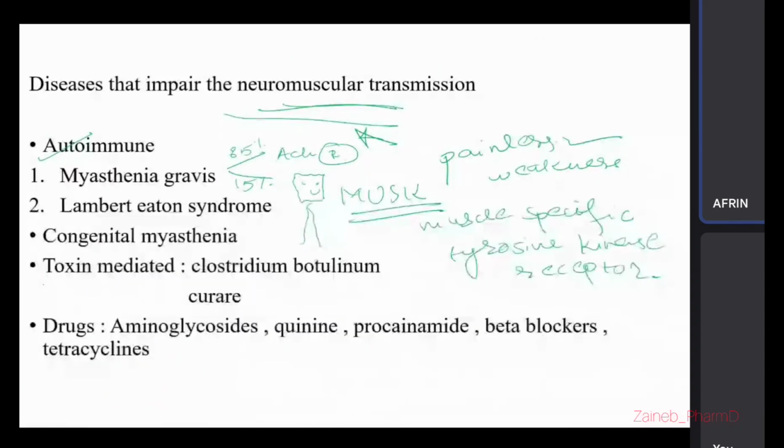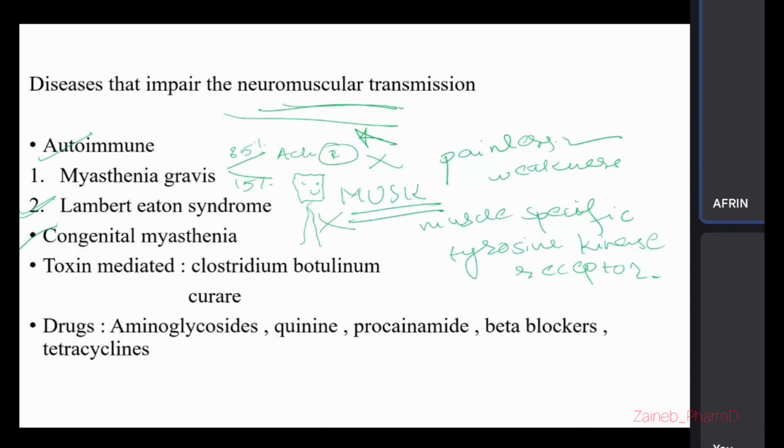Let's have a quick overview about the Lambert-Eaton syndrome. In Lambert-Eaton syndrome, it is also an autoimmune disorder, but the antibodies are not formed against the acetylcholine receptor. The antibodies are not formed against the MuSK protein.